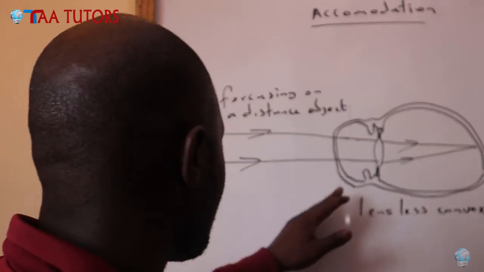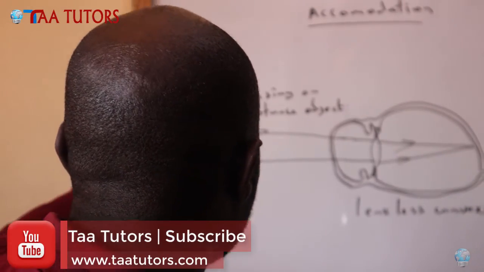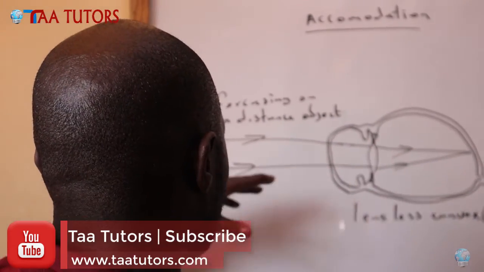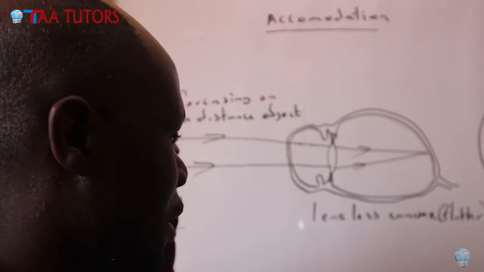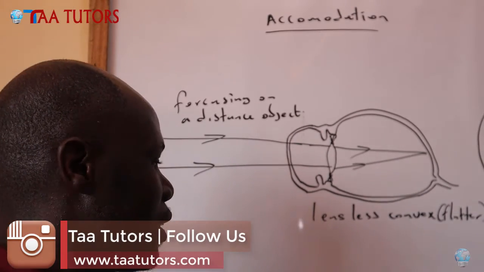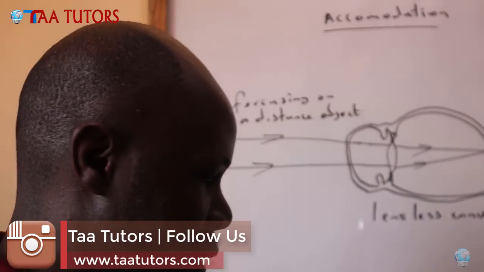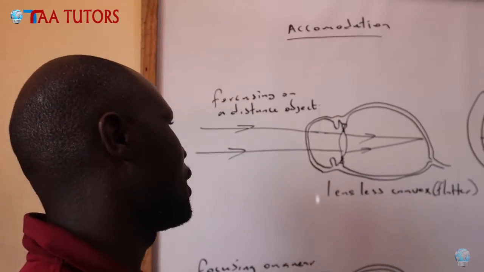So look at this particular diagram of mine. The object is far from the eye, and the object is reflecting light. When the light is reflected by the object from a distance, it is like the rays are coming parallel with one another.